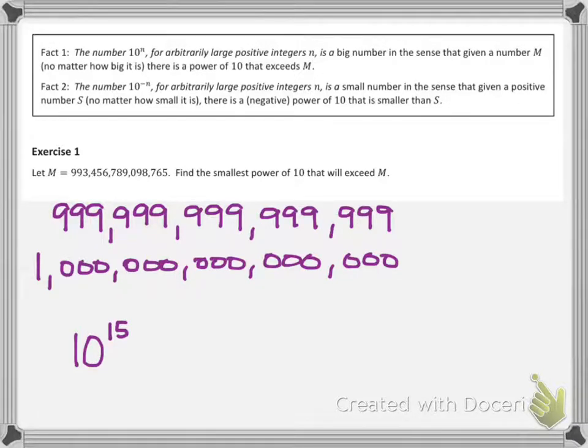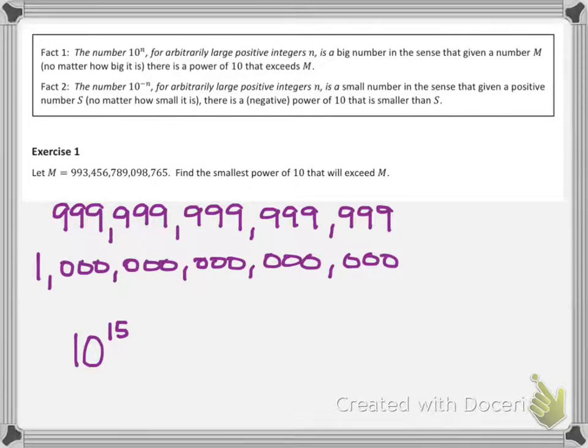So 10 to the 15th would be the smallest power of 10 that will exceed our number, 993,456,789,098,765. We're basically finding the first power of 10 that is just barely bigger than the number that they gave us.